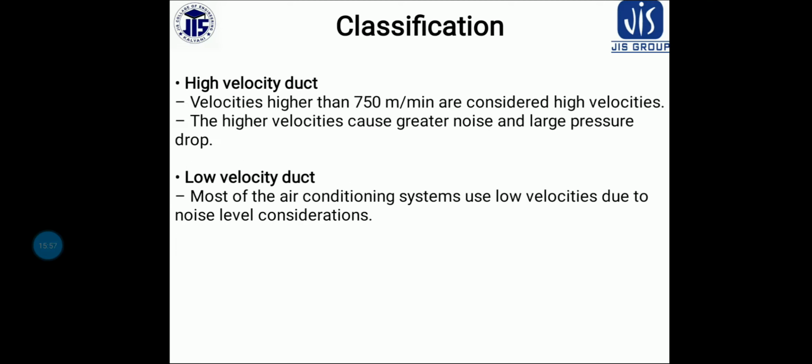It overcomes the friction and shock losses as the air flows from the delivery of the fan to the outlet of the duct, and it may be positive or negative.